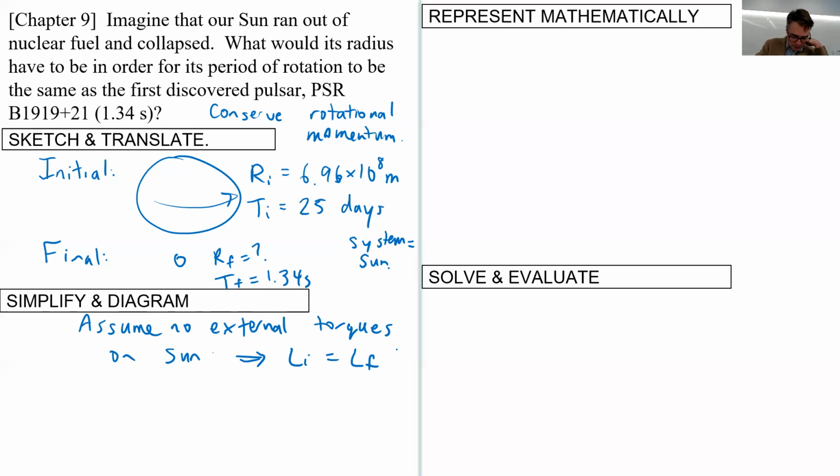I wouldn't do any bar diagrams or anything, but basically L is equal to I times omega, the rotational momentum. And the rotational momentum stays the same if there's no external torque or rotational impulse, which is certainly the case. So L is constant.